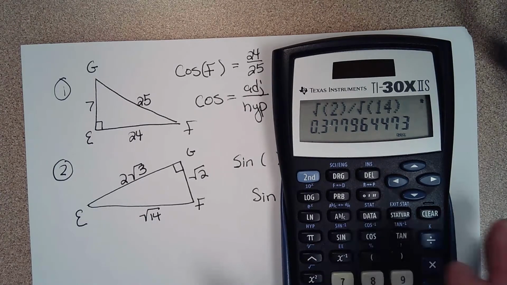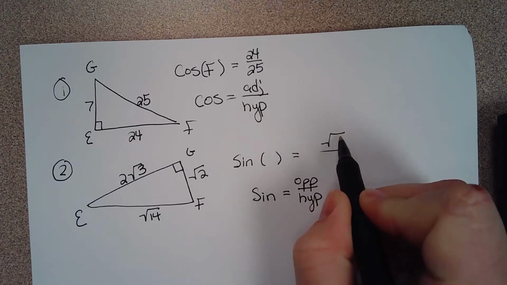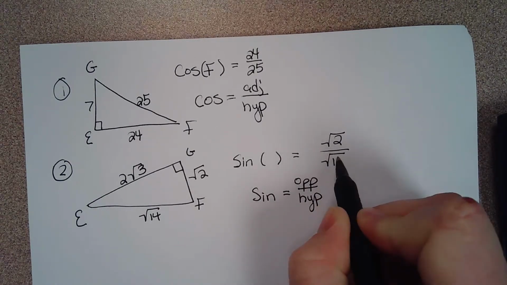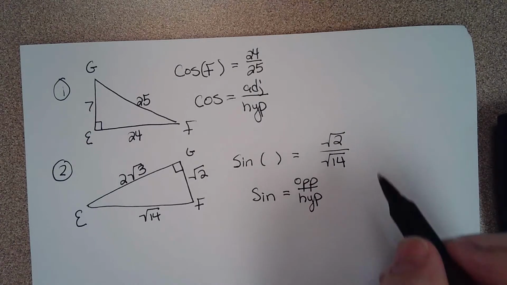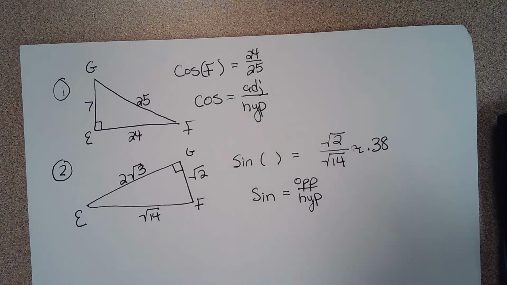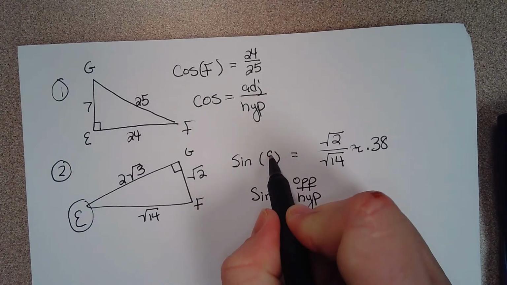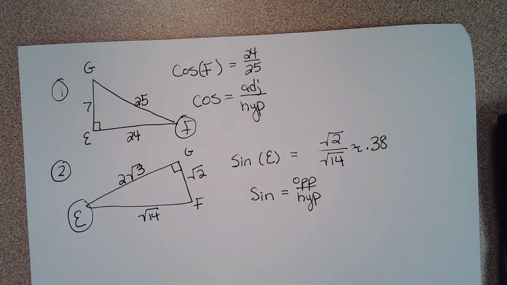So now we have the 0.38 we're looking for: square root 2 over square root 14. This was the equivalent of the 0.38 they gave us. So if we know that, we know we are basing it off of angle E. Okay, so that's how you determine which angle they are looking for.